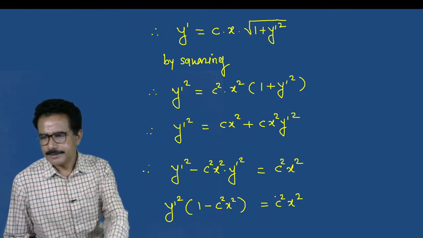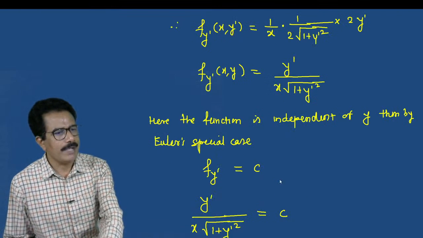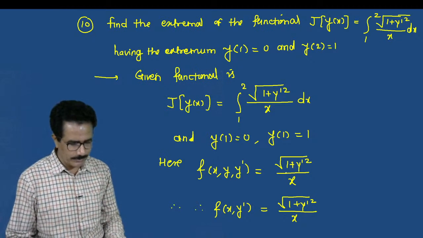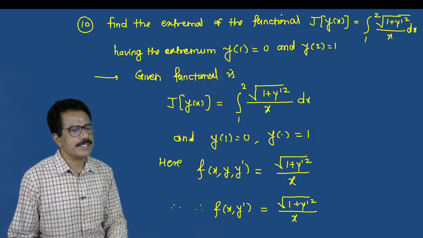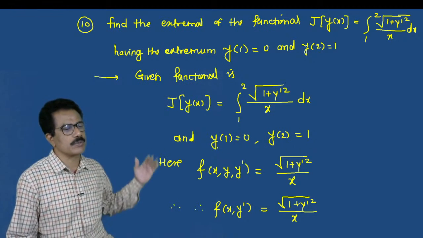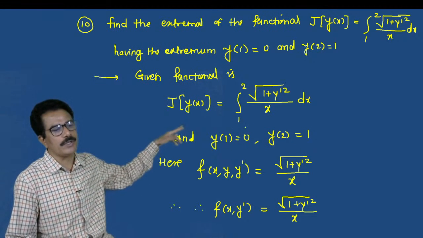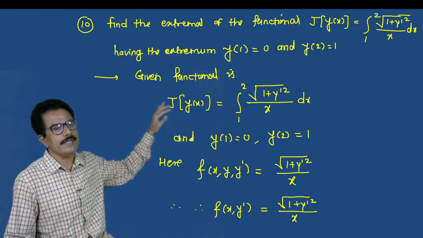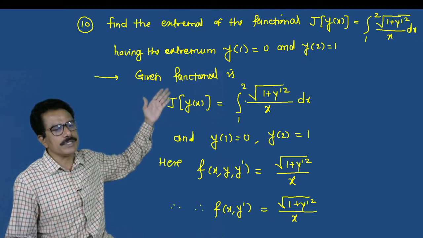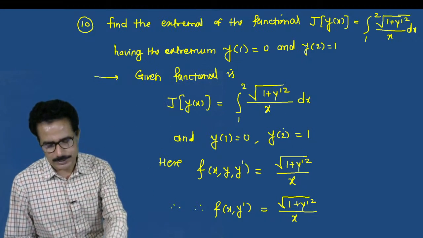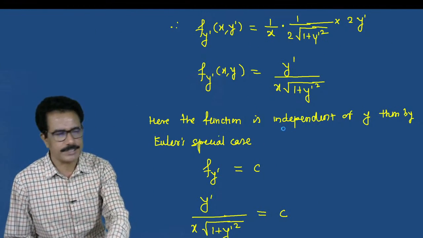Is it okay? y of 2, okay, बरोबर आहे. चेंज करून घ्या. y of 1 is equal to 0 because lower limit is 1, and y of 2 is equal to 1, upper limit is 2 according to the given condition. Is it okay? No problem.